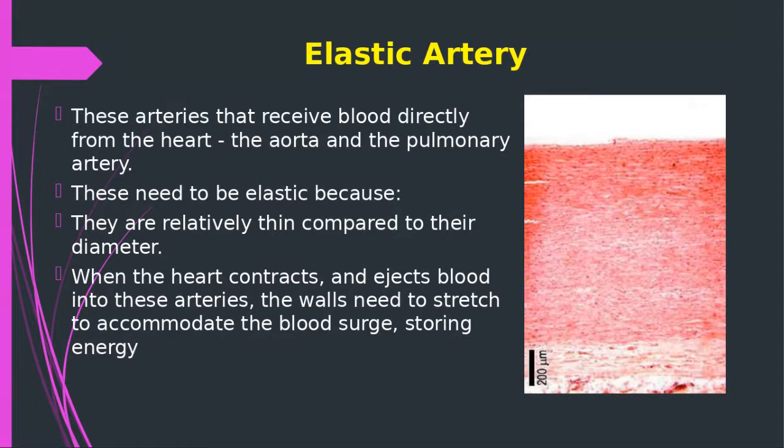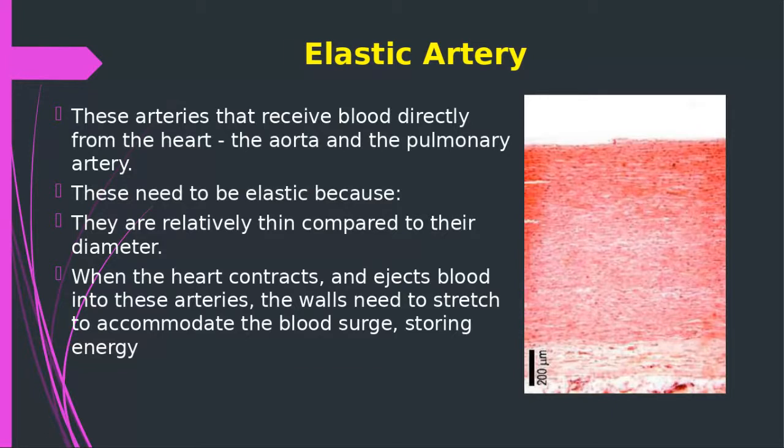And soft is when it is always soft. But in elasticity, when there is a tension required for it to stretch, it will stretch. And after that tension is released, it will get back to its original shape. So it has the property of elasticity, and that is what is needed here: when the heart contracts and ejects blood into these arteries, the walls need to stretch to accommodate the blood surge, storing energy.